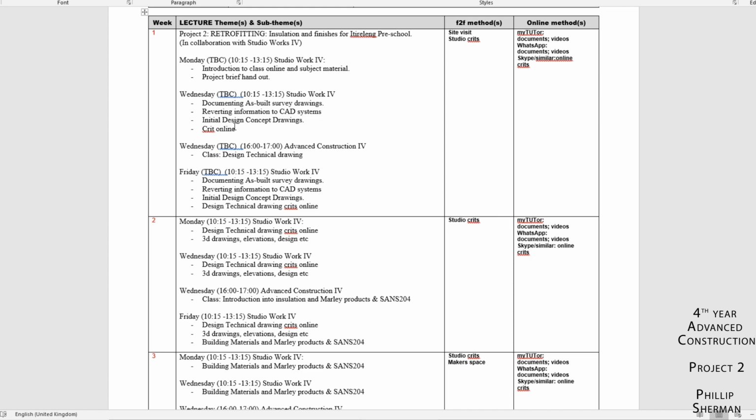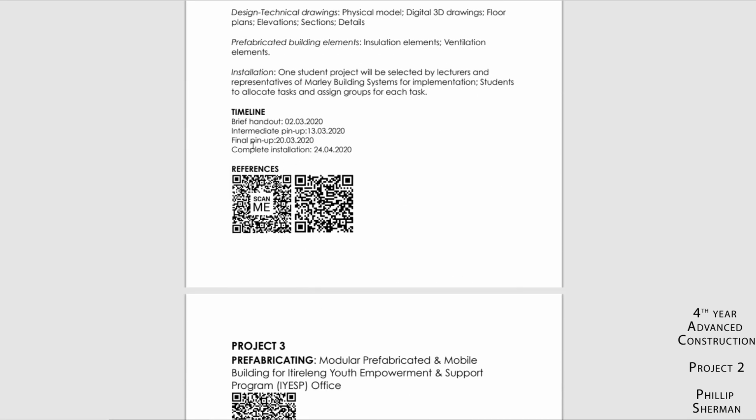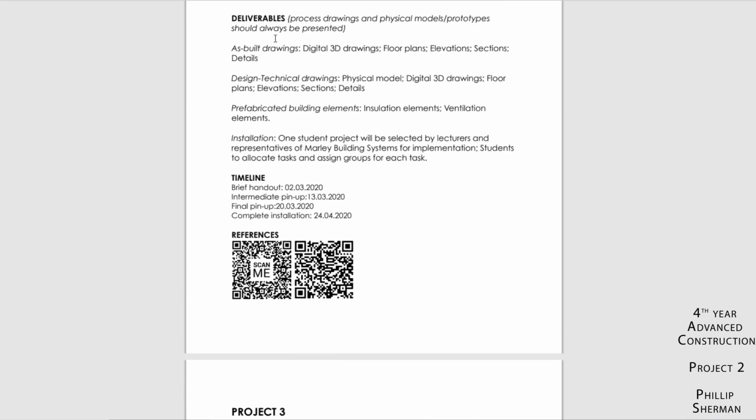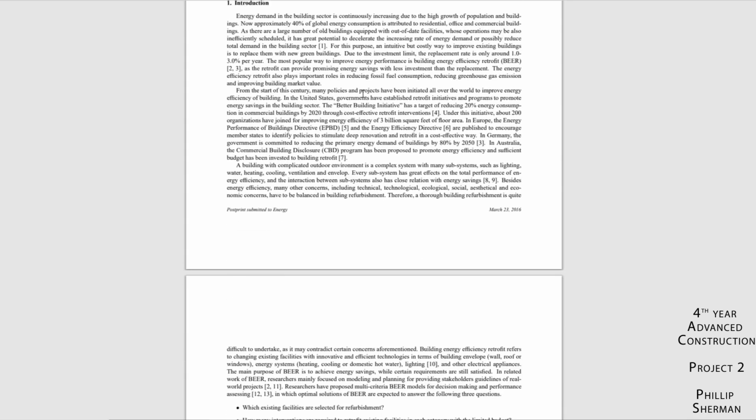Alright, so for the week, please go read the references at the bottom of the brief. There are 2 QR codes. Scan them. There's one from ArchDaily and one from a university that did a study on energy efficiency and retrofitting. What is the importance?